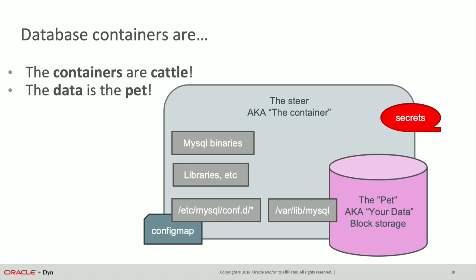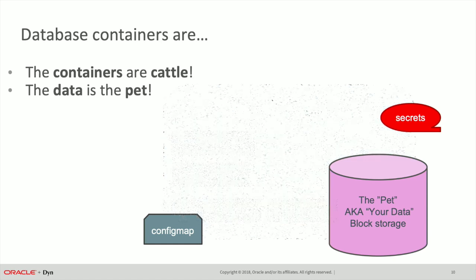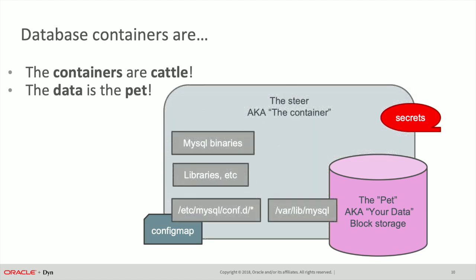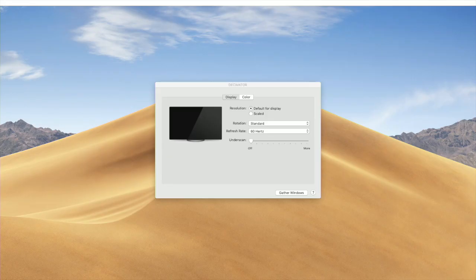The container has the MySQL binaries, the libraries, and then it also has a directory structure that it mounts to the config map, as well as the persistent storage, if you're running block storage in the cloud, at a particular location. That can die, but then when it comes back up, you want it to assume the same things as before. And in essence, it still runs like it's the same exact thing that was running before.